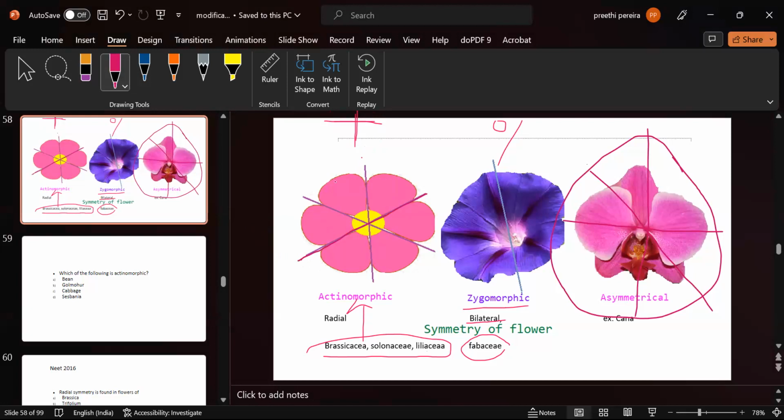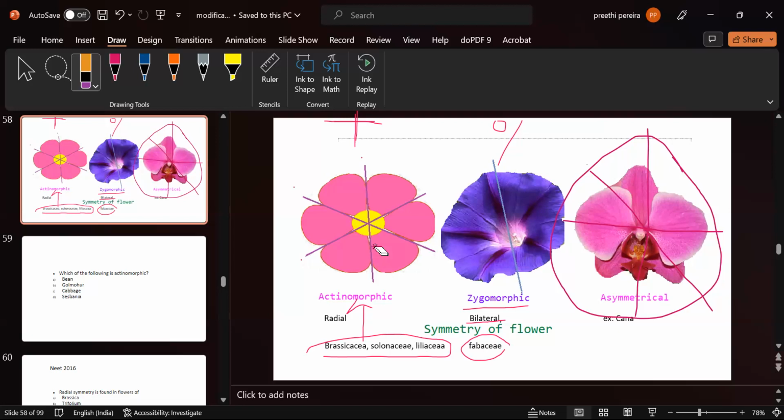You got two equal halves, तो तीन petals इस तरफ, तीन petal इस तरफ. ऐसे कट कर लो, you're going to get equal halves. किसी भी डायरेक्शन में कट कर लो, you will get equal halves. ऐसे फ्लावर्स को हम बोलेंगे actinomorphic या फिर radially symmetrical. So for this the example is Brassicaceae, Solanaceae, Liliaceae. 4 फैमिली है ना टेक्स्ट बुक में, उसमें से 3 एग्जाम्पल यहाँ आते हैं.